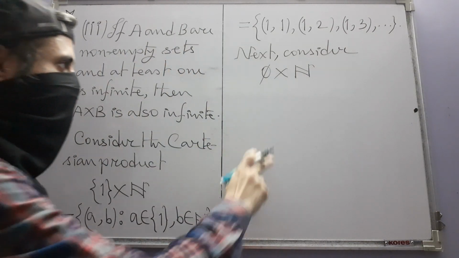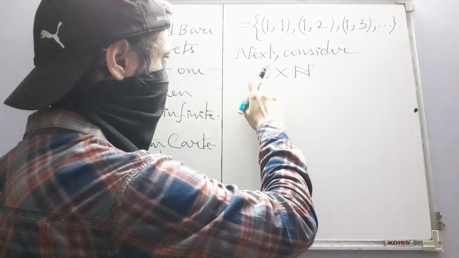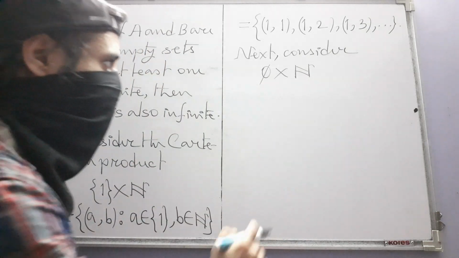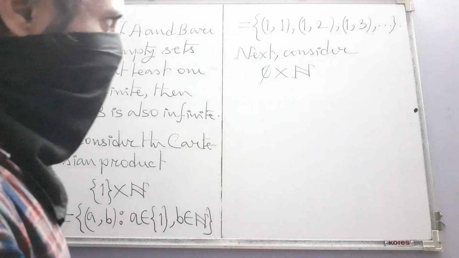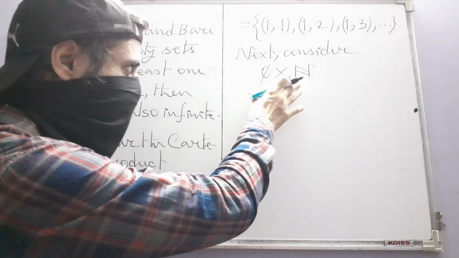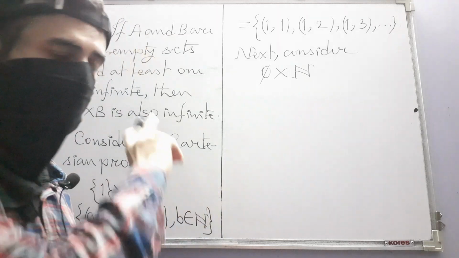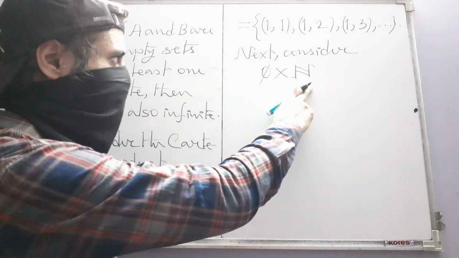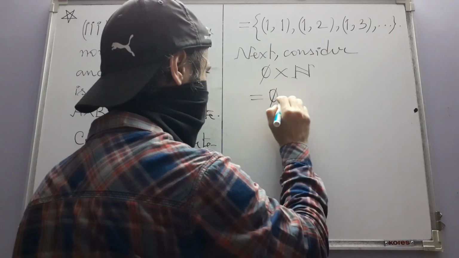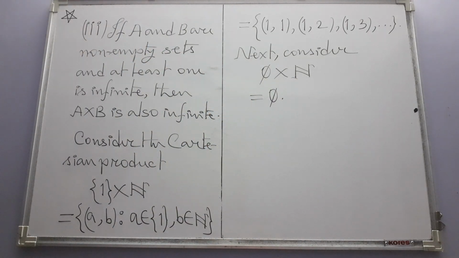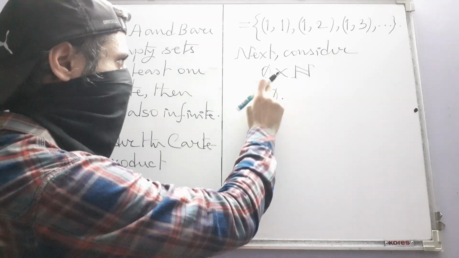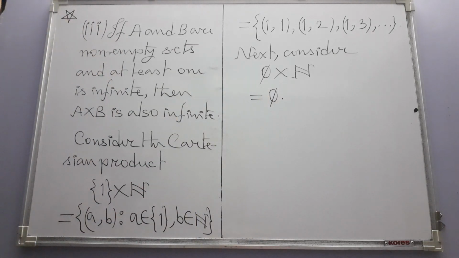Here, however, the first set is empty and the second set is infinite, but the second set being infinite has no effect on the result, because by definition, if at least one of the sets is empty, then the Cartesian product itself is empty. So in spite of this being infinite, we end up having the empty set because this is empty.